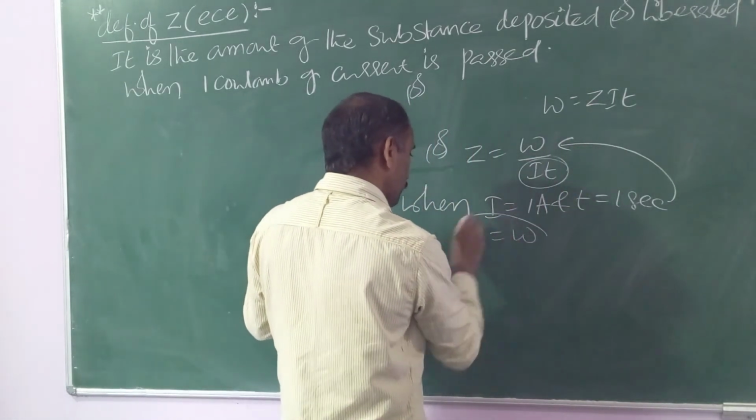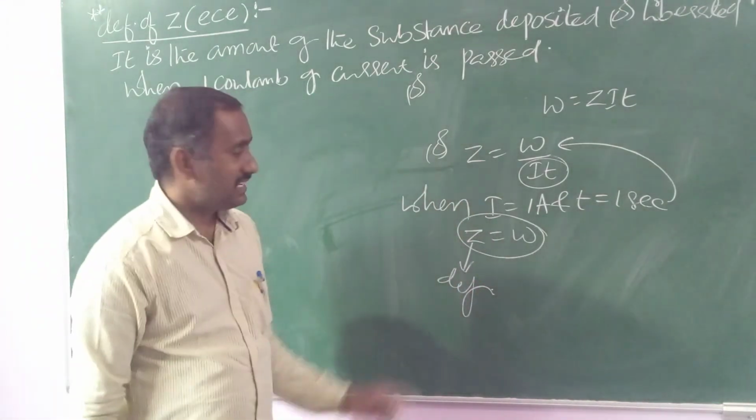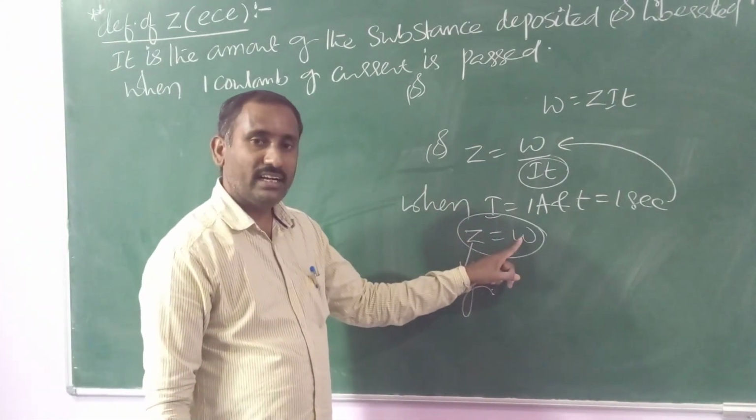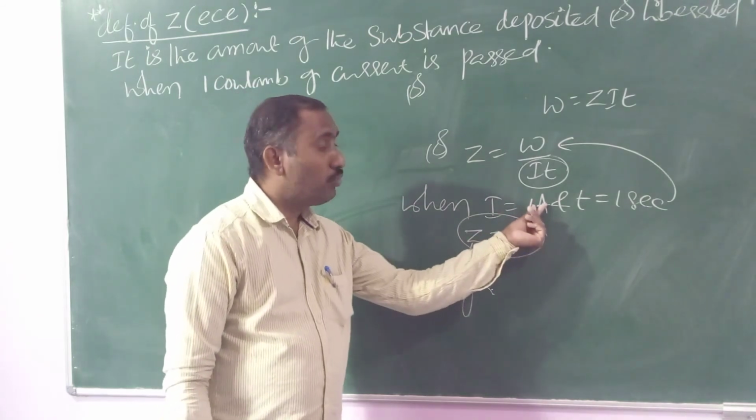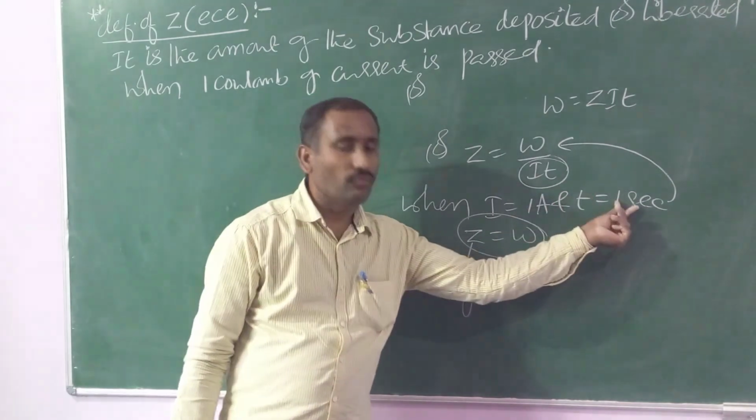What you will get? Z is equal to W. From this also we can define Z. Z is the weight or amount of the substance when 1 ampere of current is passed through electrolytic solution for 1 second.